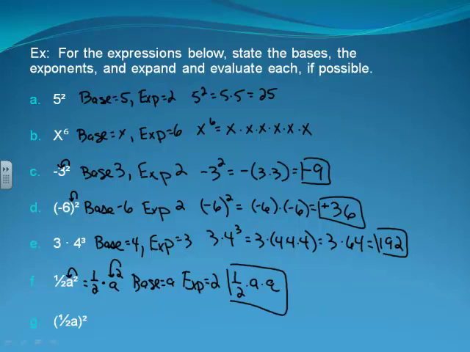In comparison, let's look at the quantity 1/2 a, squared. In this case, the 2 goes for the entire group. So for our base, we have that entire quantity, 1/2 a. Our exponent is again 2. In expanded form, we've got 1/2 a times 1/2 a.